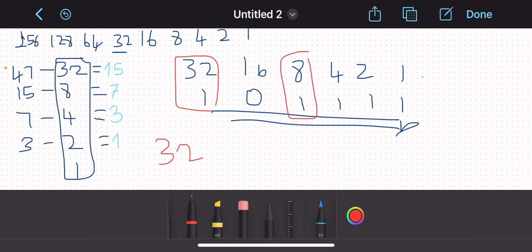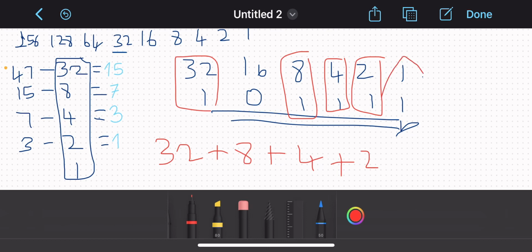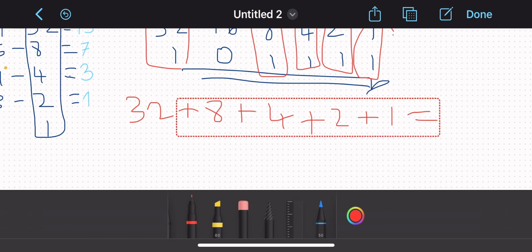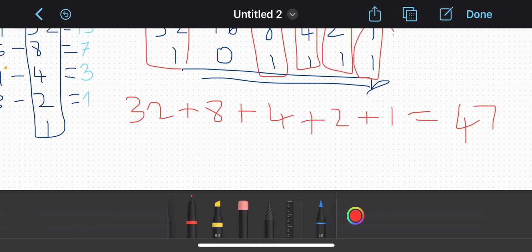There's a 1 here, plus 8. There's a 1 here, plus 4. There's a 1 here, plus 2. There's a 1 here, plus 1. 32 plus 8 equals 40. 40 plus 4 is 44, plus 2 plus 1 equals 47. So our answer is right.